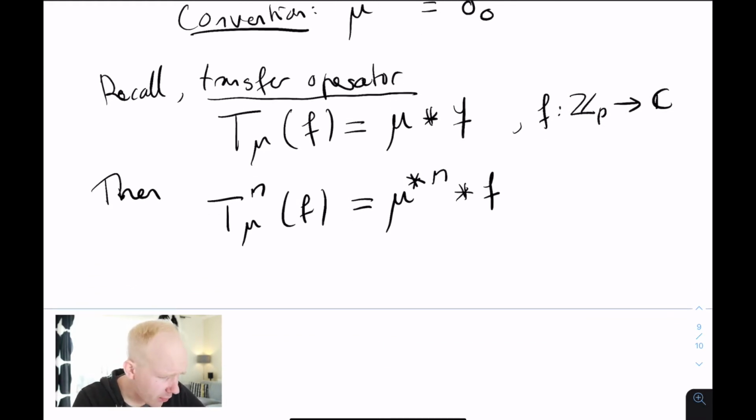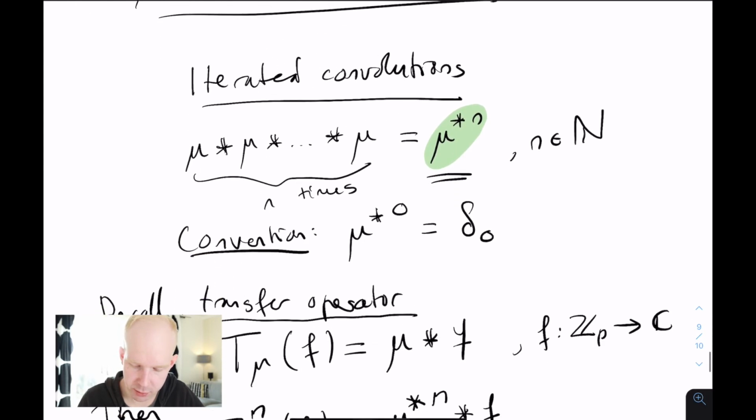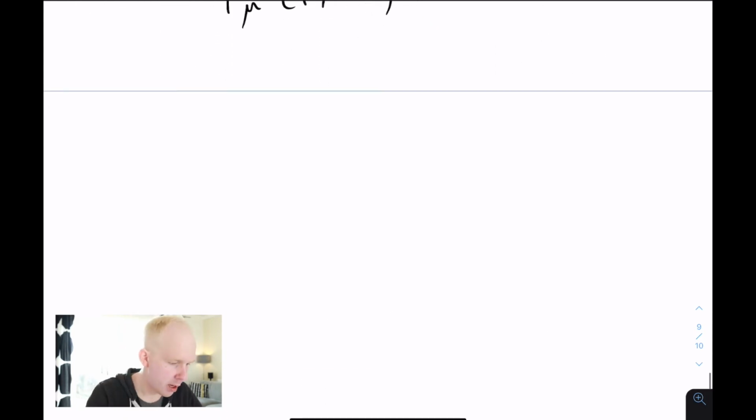And the use of this is that now we can model random walks using this operation, this iterated convolution, to make this precise. So let's talk about random walks.